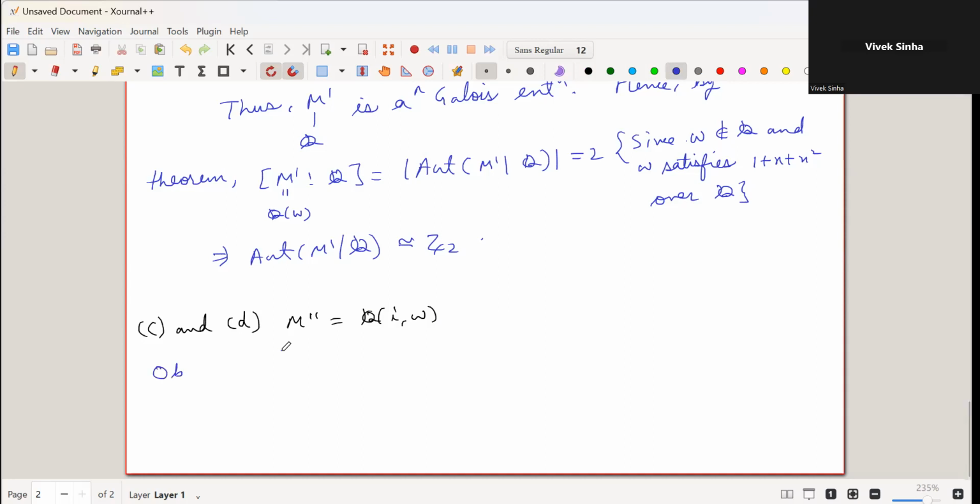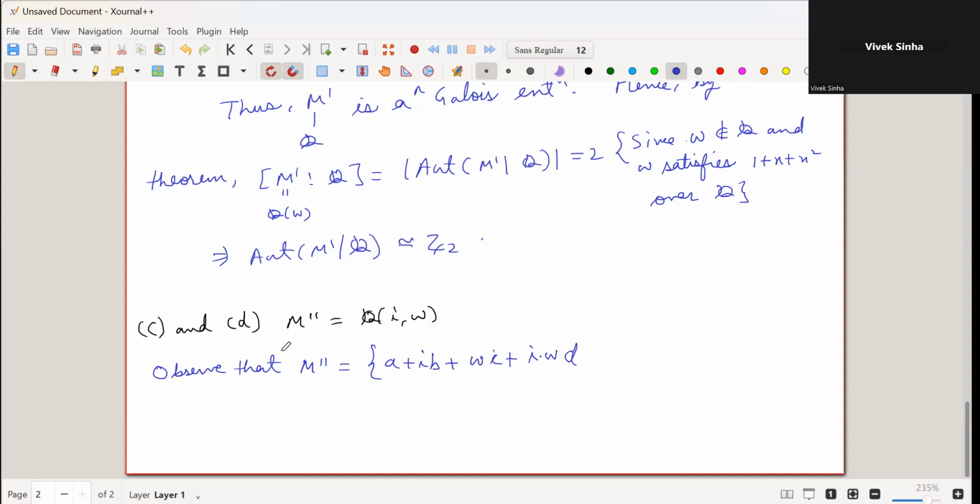So observe that M double dash is nothing but a plus i b plus omega c plus i omega d.